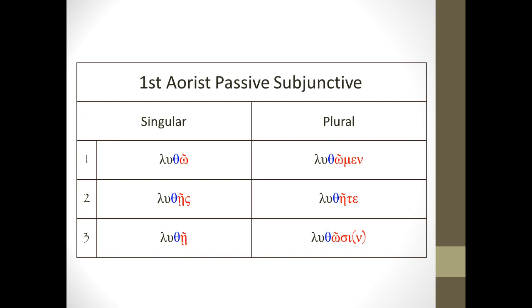Notice here that again we have our same endings that you've learned already. So again, no different endings. Again, no augment. And just as you learned in the aorist passive, that distinctive theta is going to tell you that you're dealing with the passive subjunctive. Okay, and it will help you to recognize that you are dealing with a subjunctive, again, because of the red flag word.